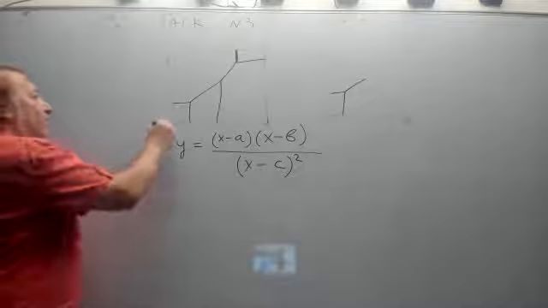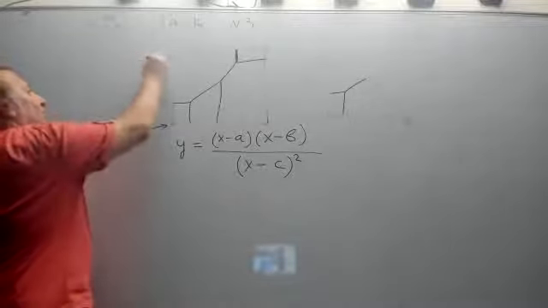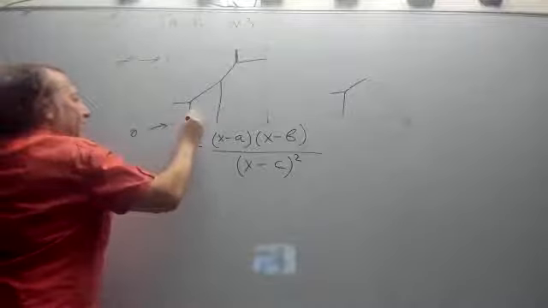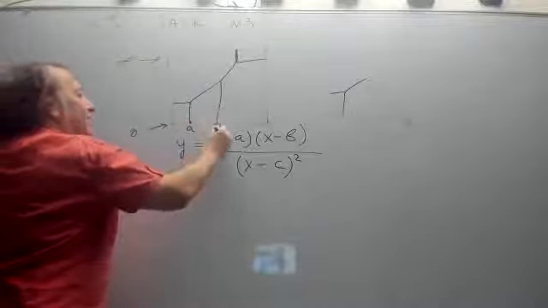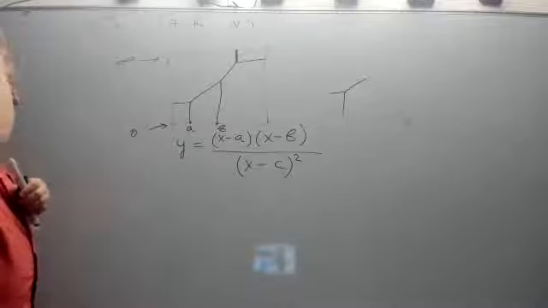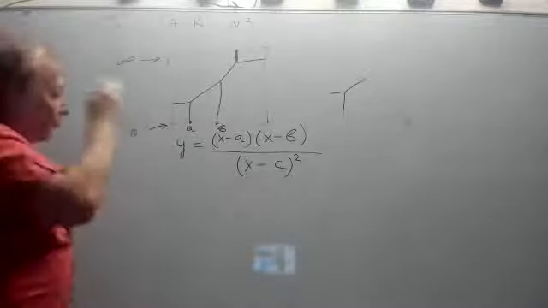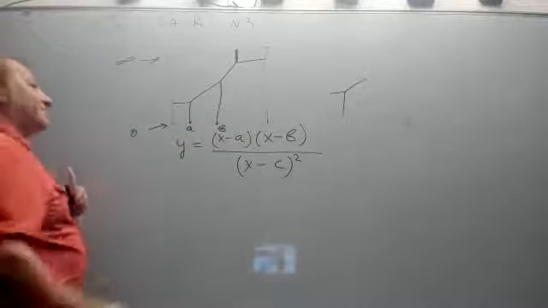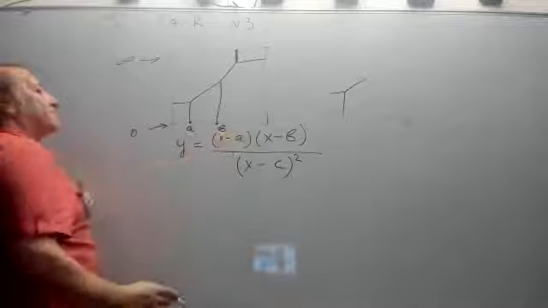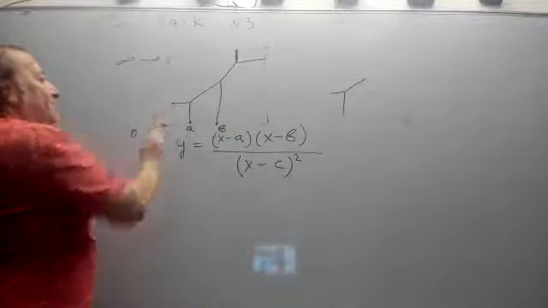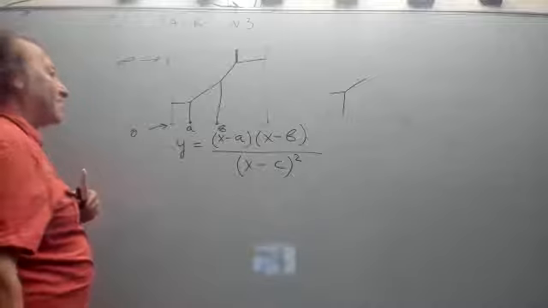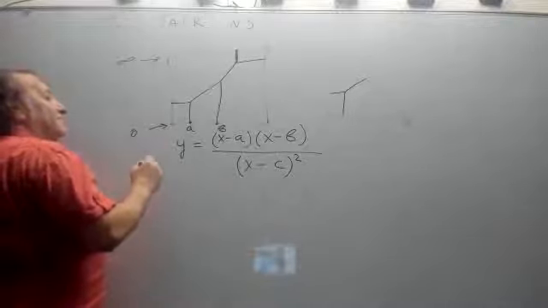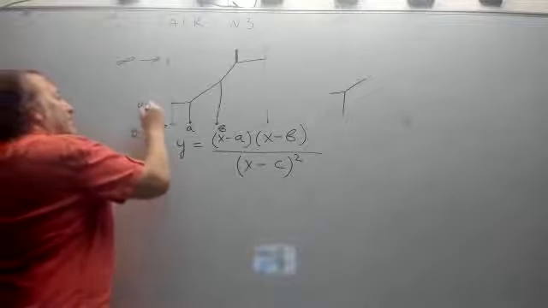So you may think of this line as a zero. You may think of this line as an infinity. Here is a, here is b. So for small x, we are here. It's something like a plus b minus c.